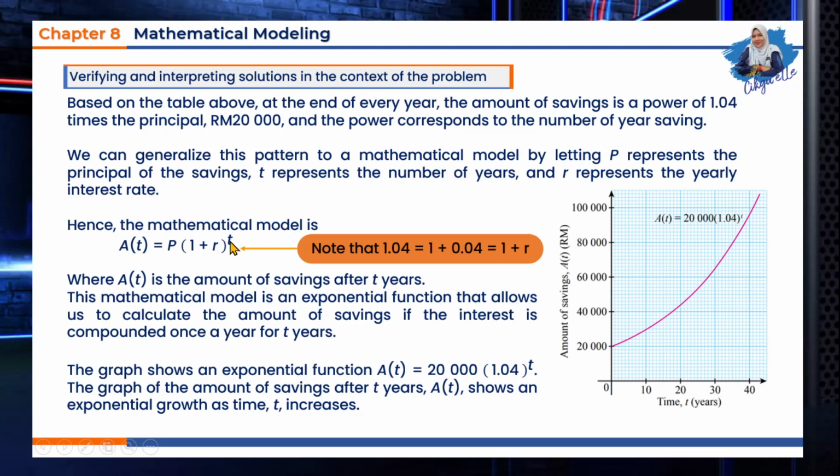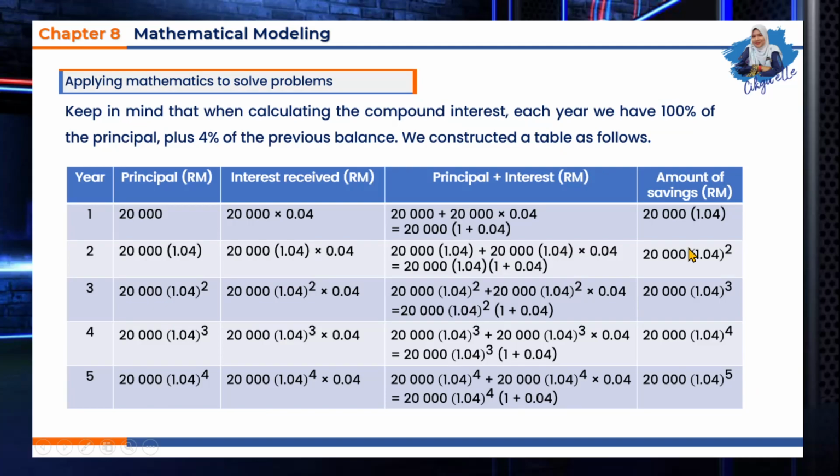Hence, the mathematical model is A_T equals P in brackets 1 plus R, close bracket, to the power of T. We note that 1.04 comes from the table we created when applying the mathematics. How we get 1.04 is actually 1 plus 0.04.